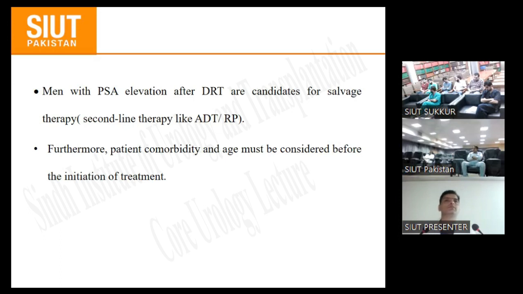Now, this is the point at which, if your patient comes up, this is the advantageous point at which you can interfere. You can do a PET CT scan. You can do a PSMA PET, just to see whether the disease is still there in the pelvis or it has gone out of the pelvis. And if it is there in the pelvis, you subject your patient to radiotherapy, right? So this is the story of a radical prostatectomy.